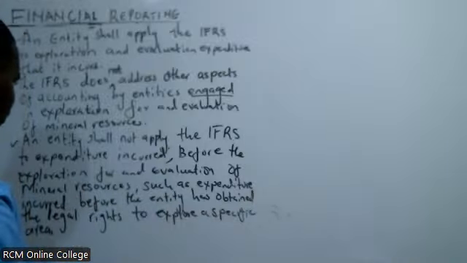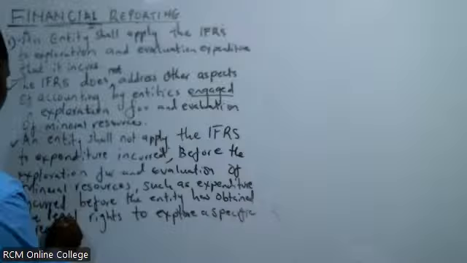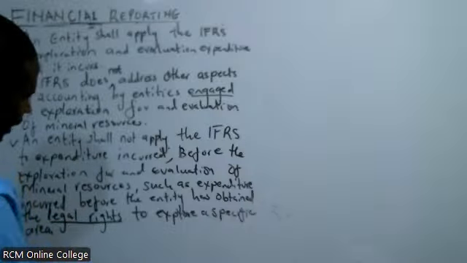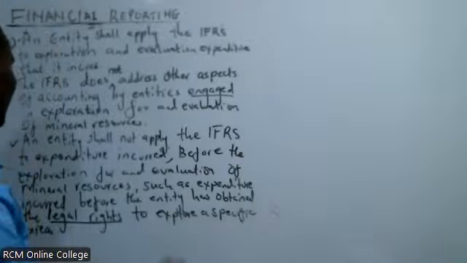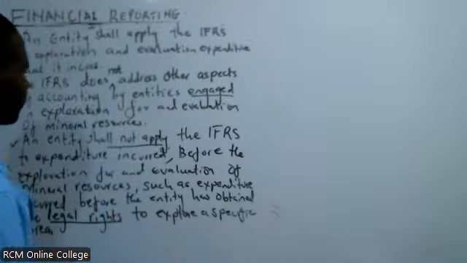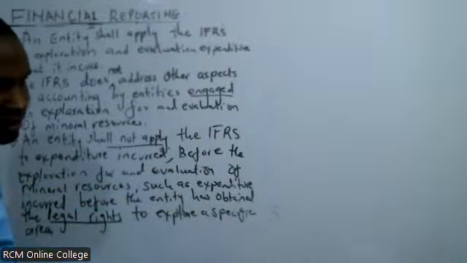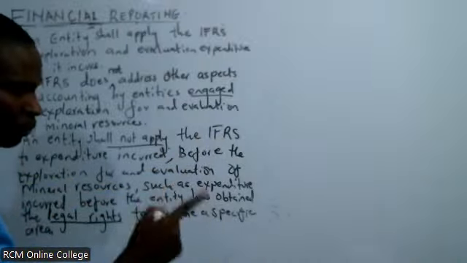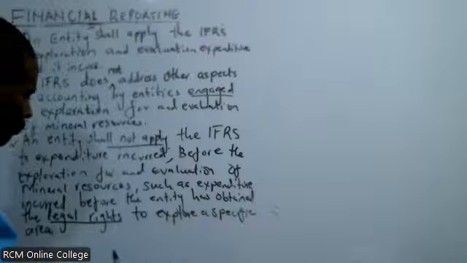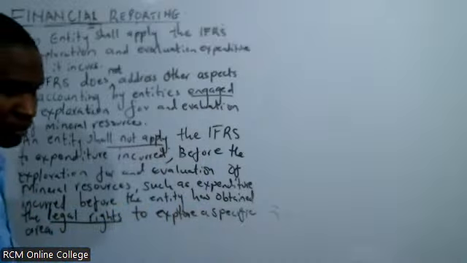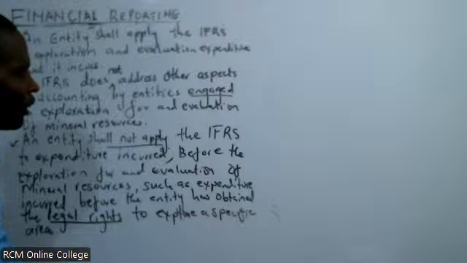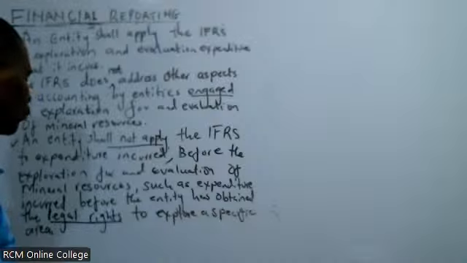Those expenses are not covered by the IFRS. The expenses incurred before it gets the legal rights will not be part of the exploration or the evaluation. They are not termed as part of that.